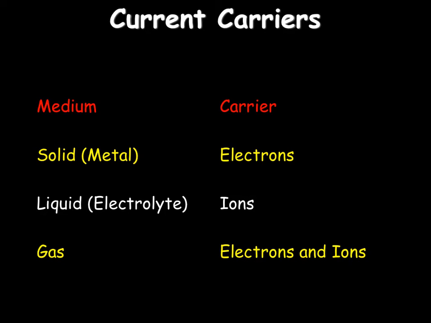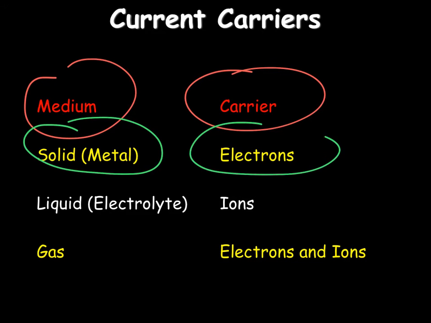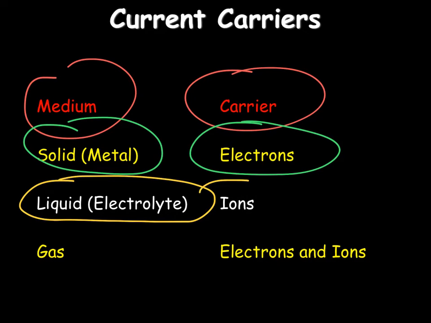What carries charge? Medium. Carrier. Let's look at each one in turn. These are quite important. In a solid, particularly a metal, electrons carry the charge. In a liquid of any type, the charged ions.